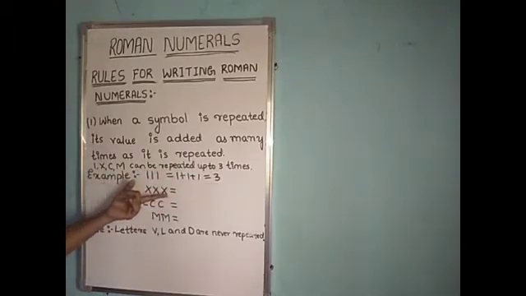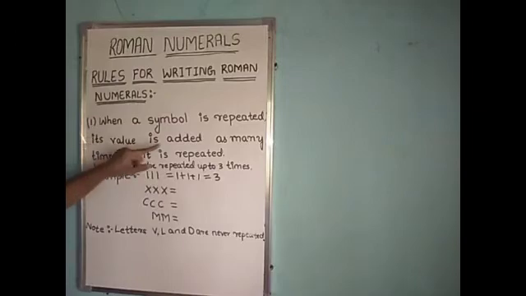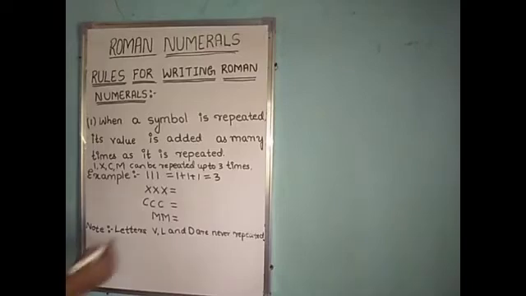Next one is XXX. Here, how many times is X repeated? 3 times. What is the rule? When a symbol is repeated, its value is added as many times as it is repeated. So, here we have to add the numeric value of X 3 times.